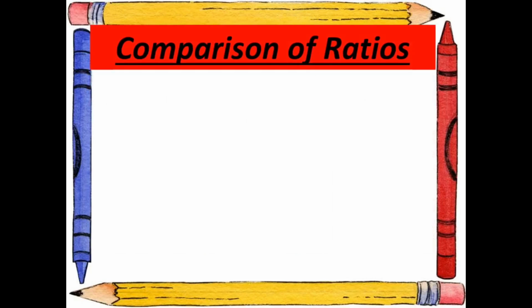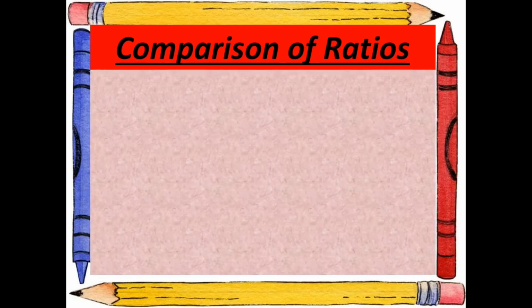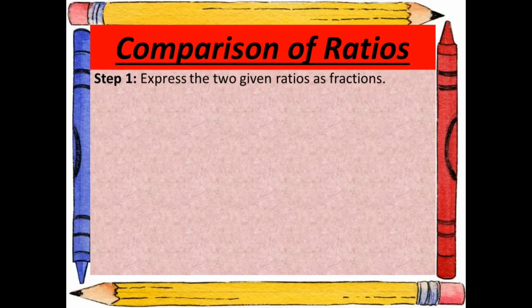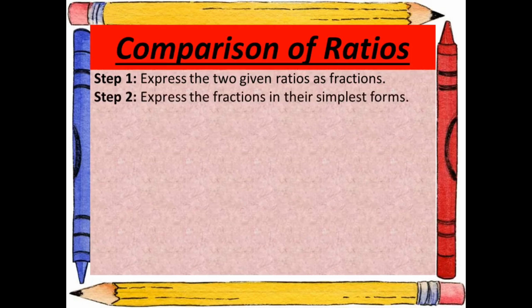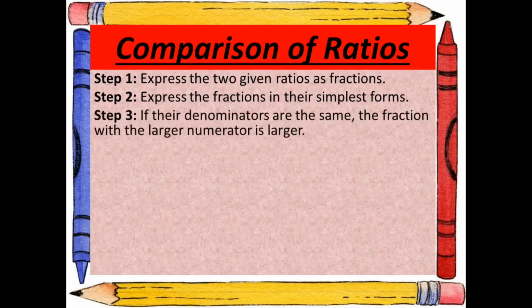Now comes comparison of ratios. In order to compare two or more ratios, we follow the steps mentioned below. Step number 1. It says that express the two given ratios as fractions. Step number 2. It says that express the fractions in their simplest forms. Step number 3, it says that if the denominators are the same, the fraction with the larger numerator is larger.